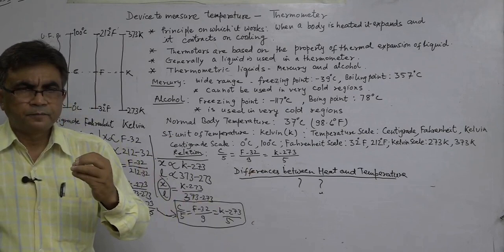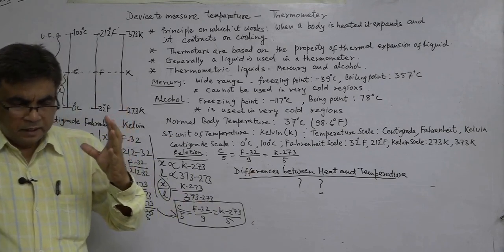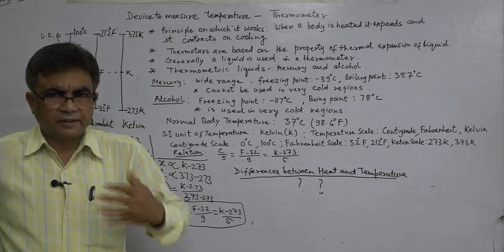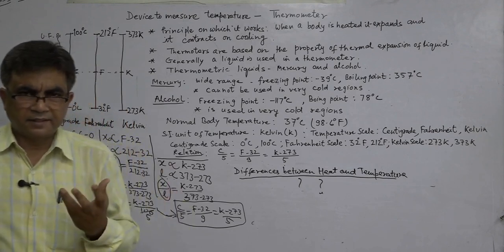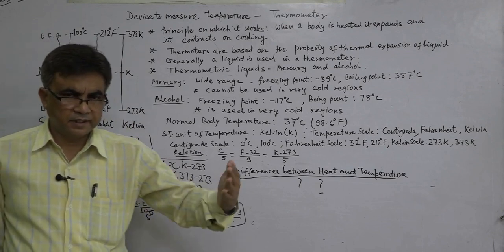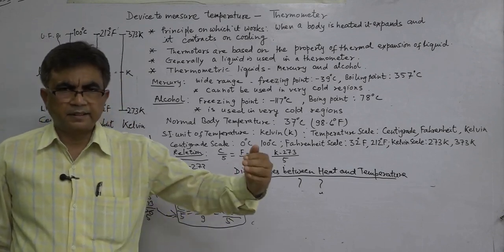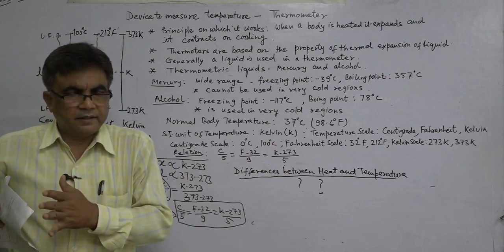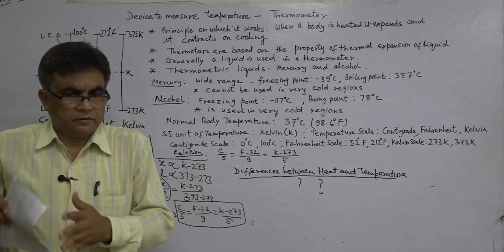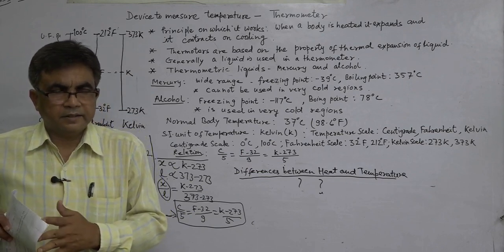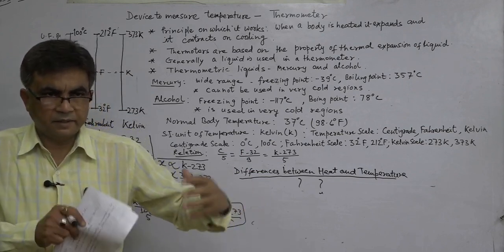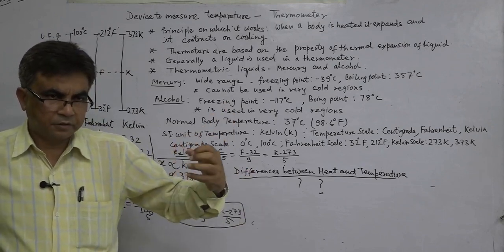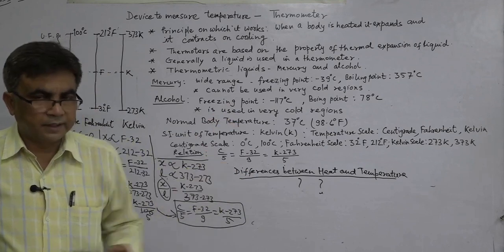Number 1, heat is a form of energy which gives the sensation of hotness or coldness of a body. That is the simple definition of heat. For temperature, you can write temperature is the degree of hotness and coldness of the body. Degree is the measurement, how much hot, how much cold.